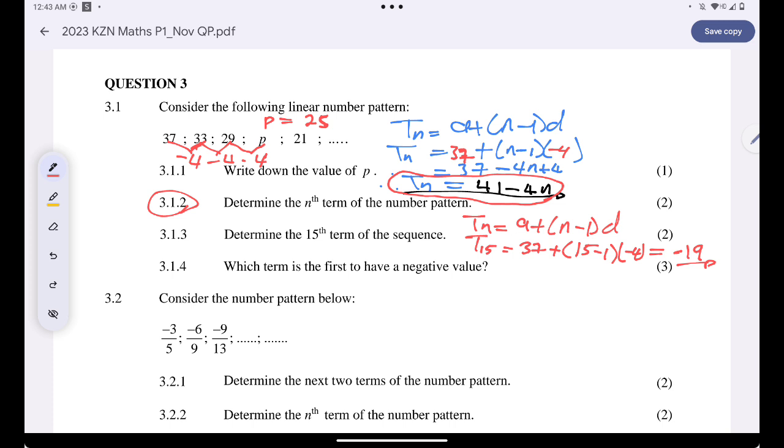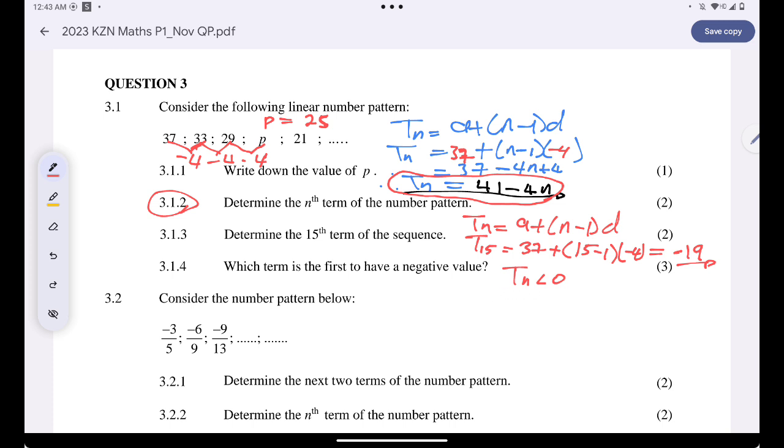Okay, which term of the sequence is the first to have a negative value? A negative value is a number which is less than 0. All right, together. So here I just need to say Tn is less than 0.